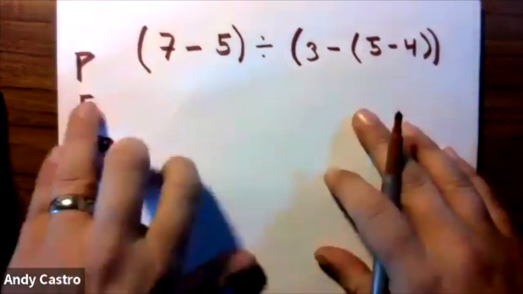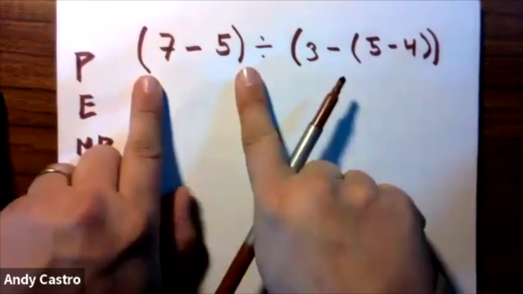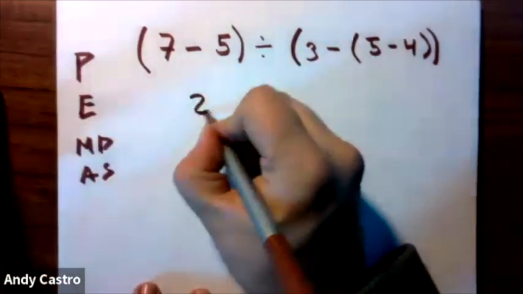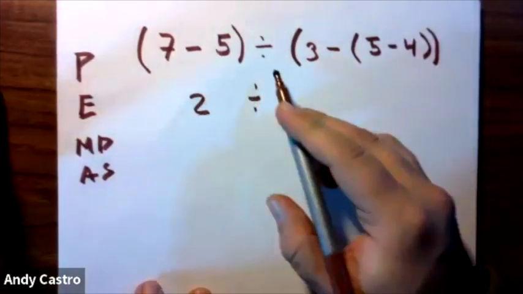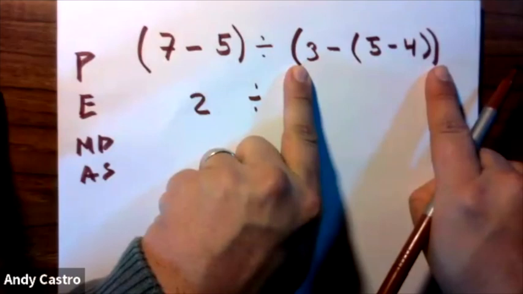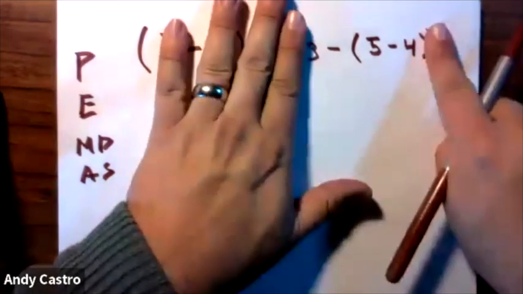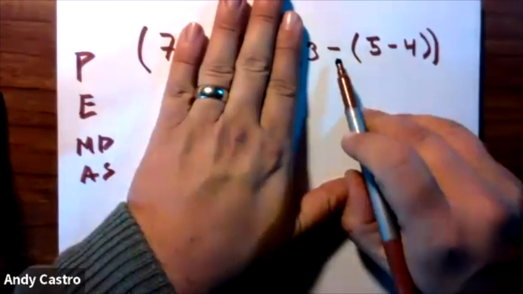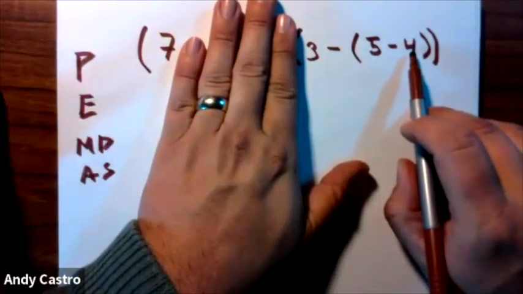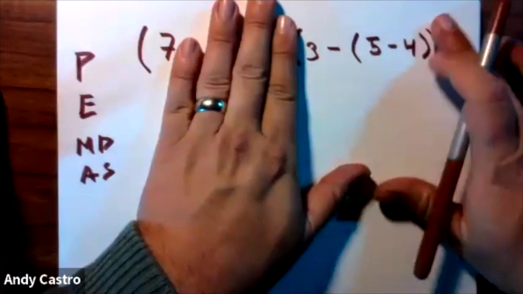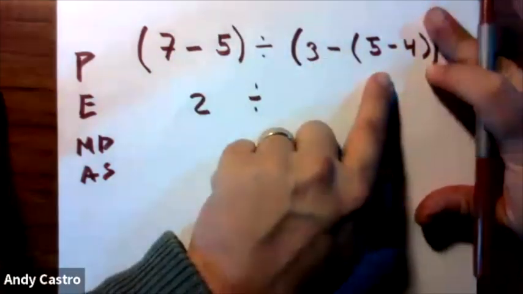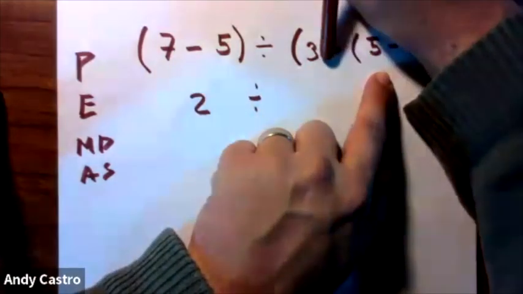All right, so first things first, let's look at parentheses. So I'm going to look at these parentheses, look inside there first. 7 minus 5 is going to give me a 2. All right, then I've got my divided. Now check this out. So if I look inside these parentheses, I've got 3 minus the quantity 5 minus 4. So this is a good example where as I look inside these parentheses, I have subtraction and then I have parentheses again.